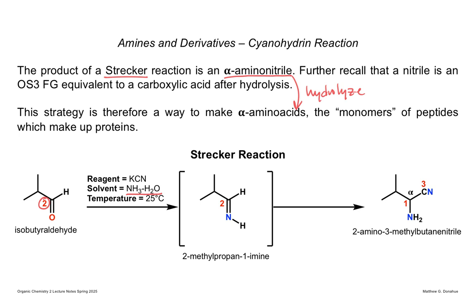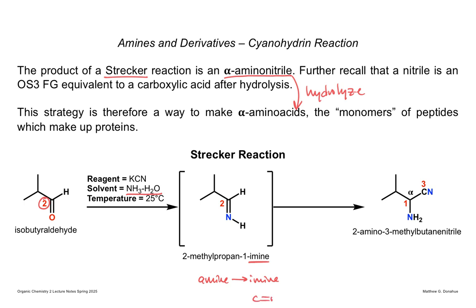The first thing that will happen is the ammonia will condense to form an imine. Notice this word imine, I-M-I-N-E. So an amine condenses with a carbonyl to form an imine.